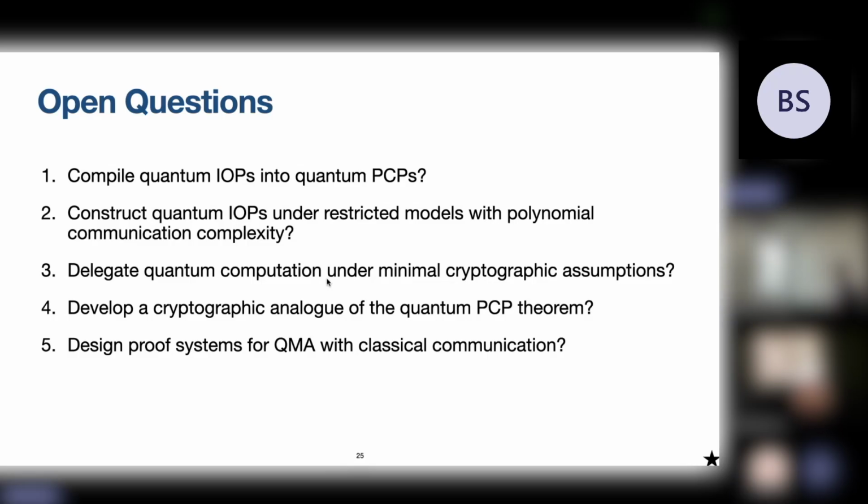Sorry, not for the teleportation one. For the teleportation one, because everything is classical, I think you need to use a collision-resistant hash function. Okay. I think that's the minimum assumption for Merkle trees, I think.